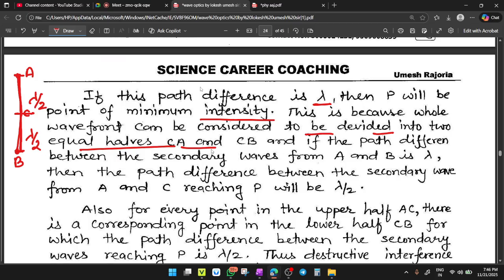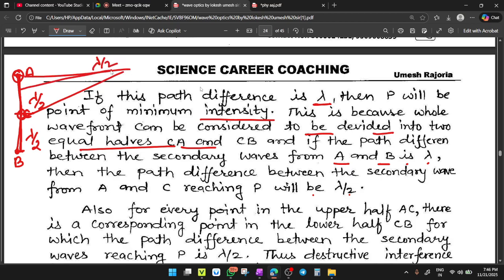CA and CB, this is the center point C. If the path difference between the secondary waves from A and B is lambda, then the path difference between the secondary waves from A and C reaching P will be lambda by 2. So the first wave from here and the first wave from point C have a path difference of lambda by 2.